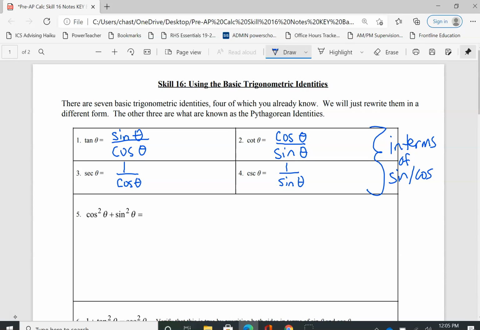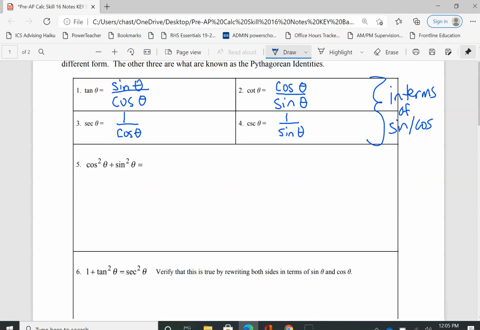All right, so the first identity that we are going to talk about is the main Pythagorean identity, cosine squared plus sine squared. Well, what would that equal? Let's start by thinking of our unit circle, center at the origin, radius of 1. We know that this is our angle theta.